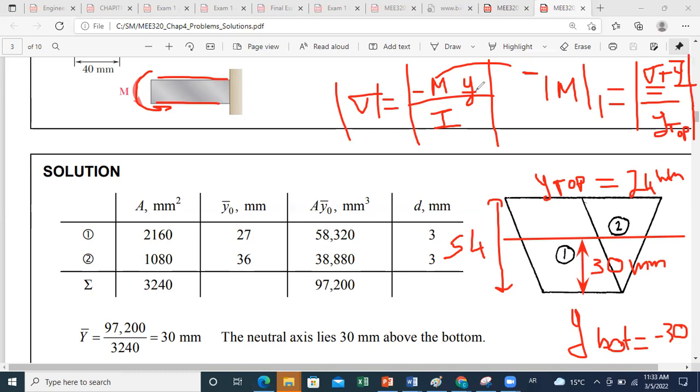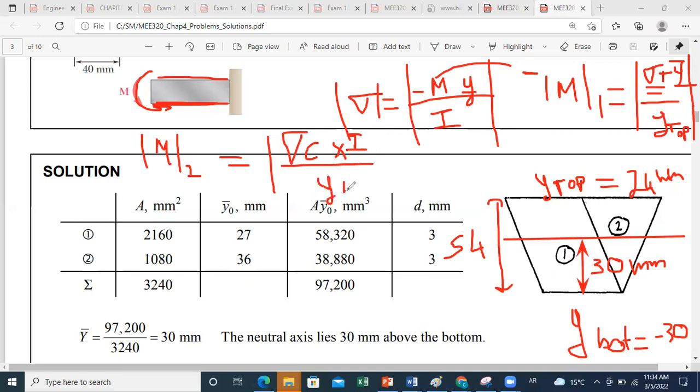maximum allowable tension. For compression, since compression takes place at the bottom level, the second value, the absolute value of M2, is the absolute value of the sigma compression that is imposed, the maximum allowable compression, times I over y bottom.